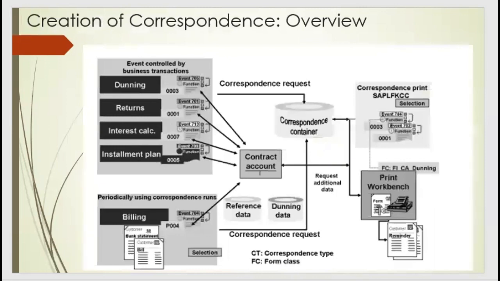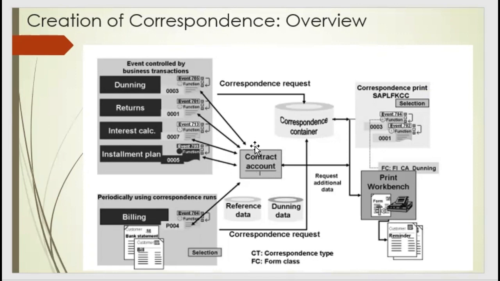Now, if we put everything in one picture, it should look like this. We have dunning, return, interest, installation plan, whatever it may be, and it generates the letters, generates the correspondence. And once it generates that, it will link to the contract account.